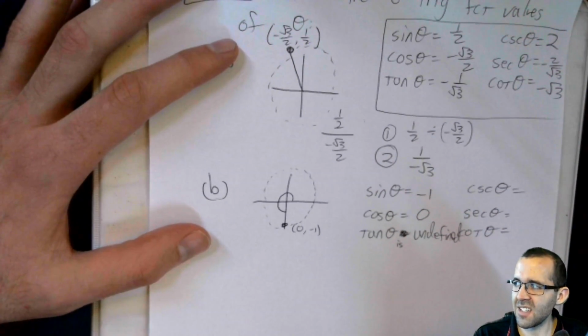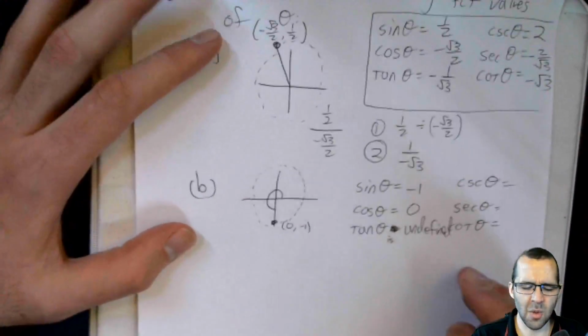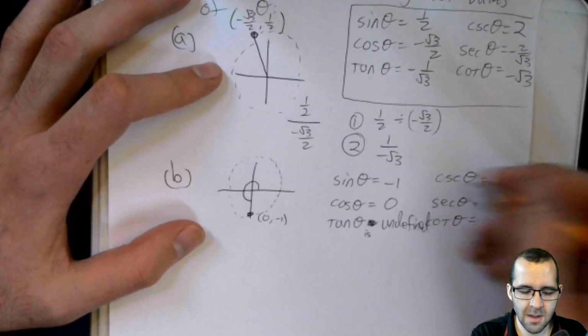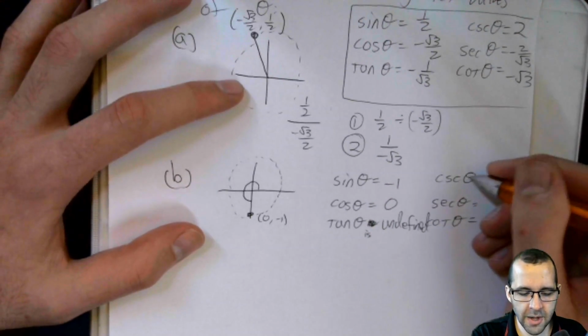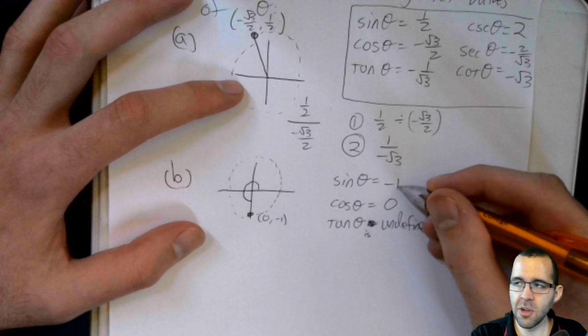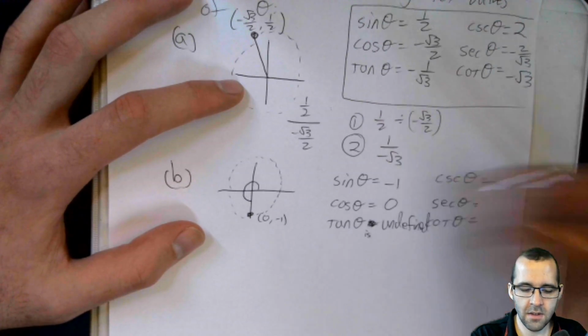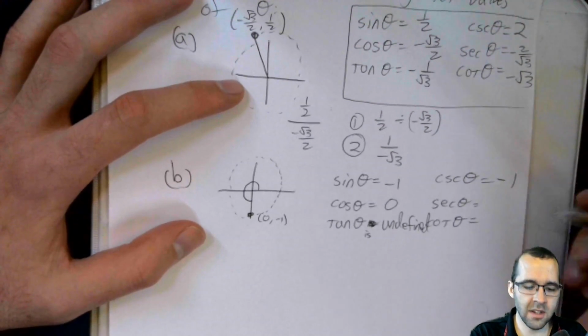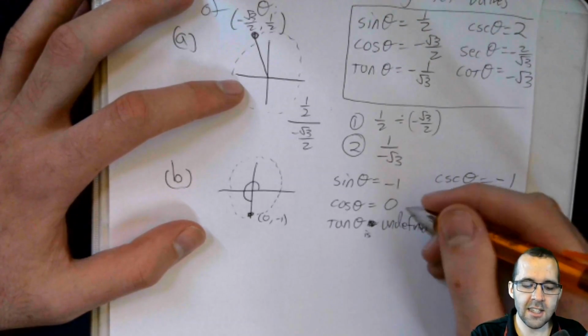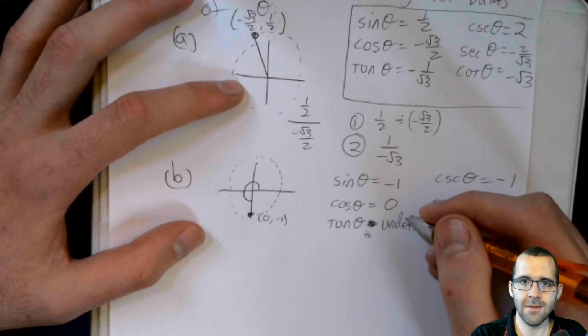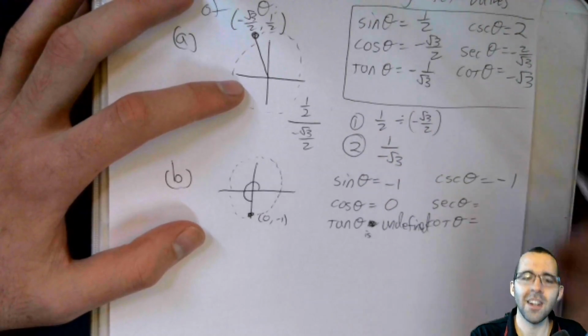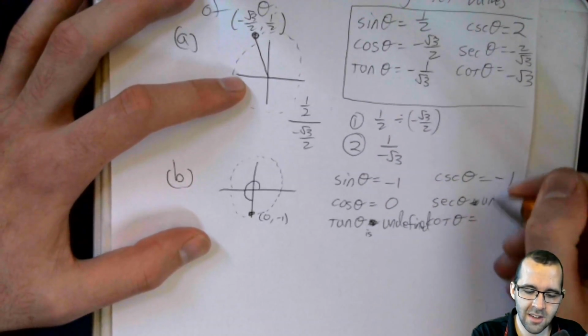The equal sign doesn't really make sense equal to a word or a concept. Anyway, cosecant is the reciprocal of -1. 1 divided by -1 is still -1. Secant is the reciprocal of 0. 1 divided by 0, also undefined.